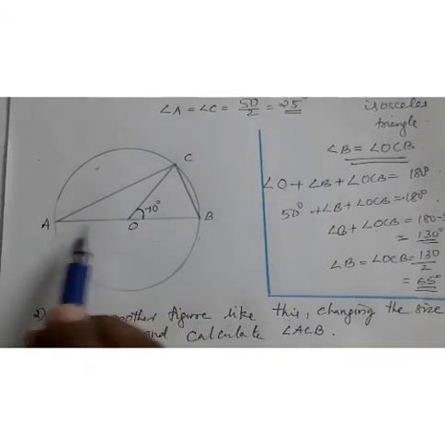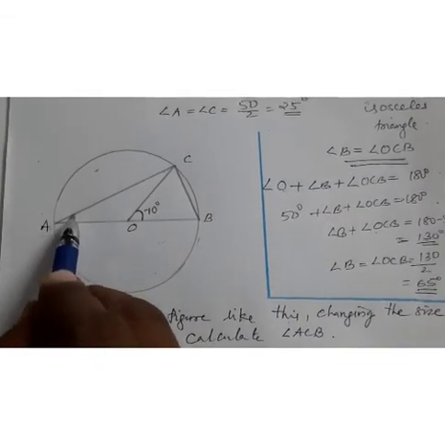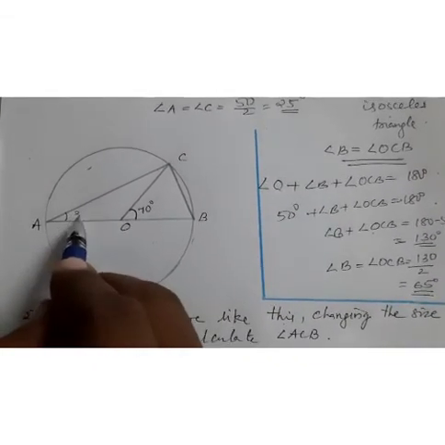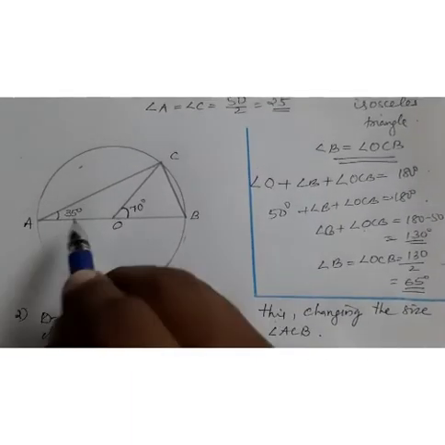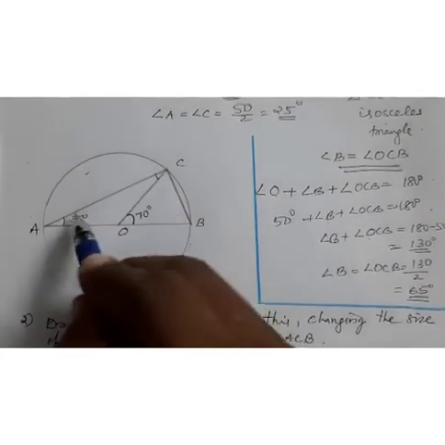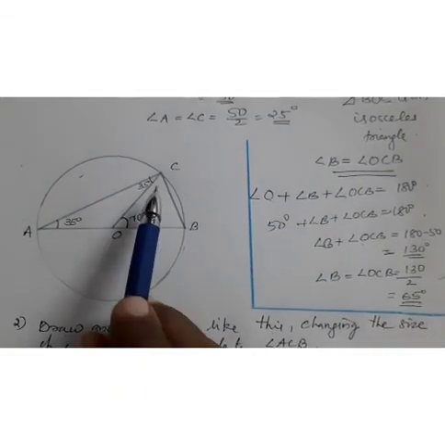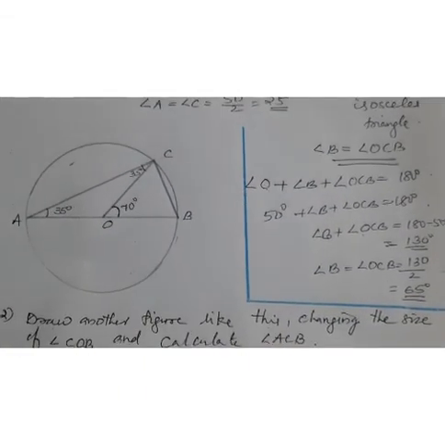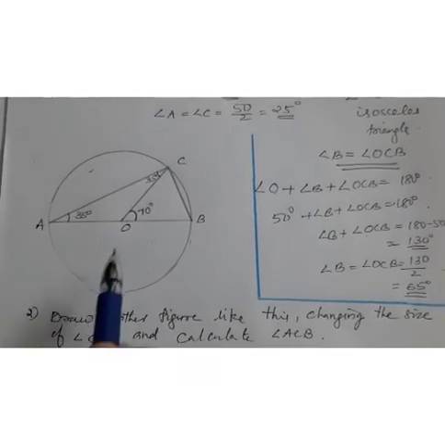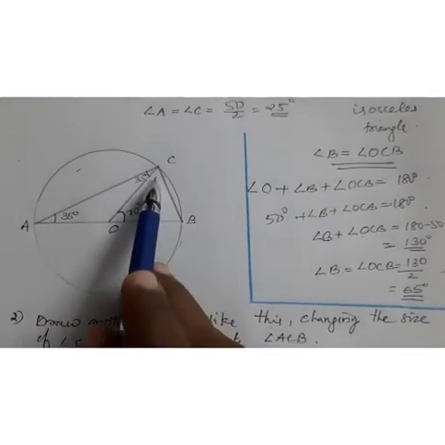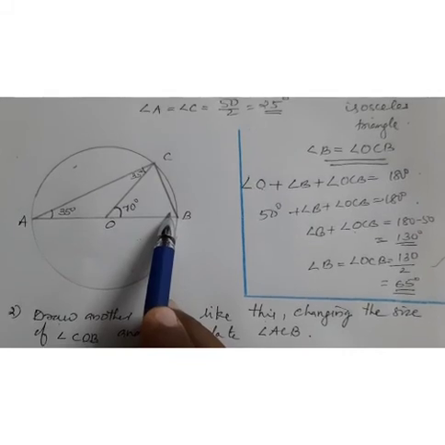If this is 70, what about this angle? Directly you can write half of this, that is 35 degree. And this is 35, what about this? This is an isosceles triangle, this also 35. And see this triangle. This also I told you it is an isosceles triangle. If this is 70, these two angles are equal. We already studied that one.